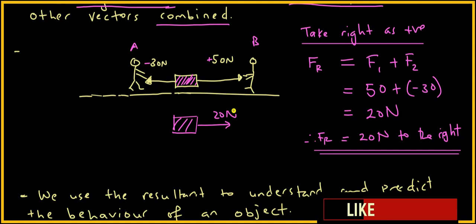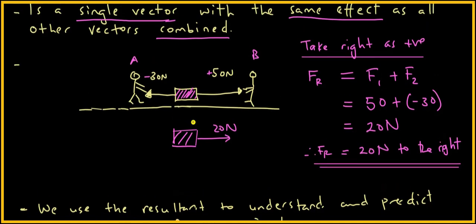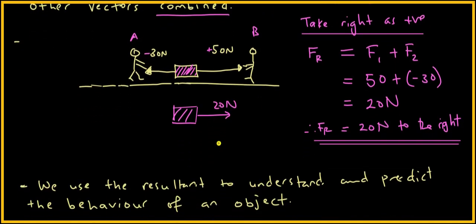If I have a force of 20 newtons acting to the right, I'll have pretty much the same situation as this one here. So I can replace these two forces with only one force acting on that object, and I'll have the same effect. That's what we call a resultant force: a single vector with the same effect as all other vectors combined together.